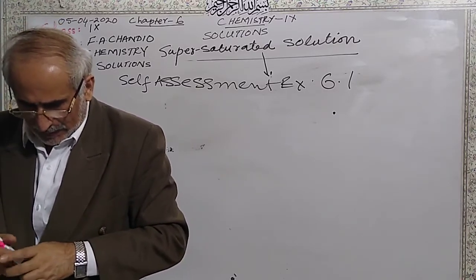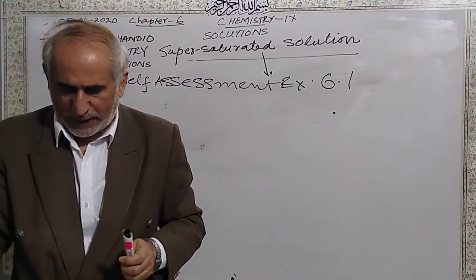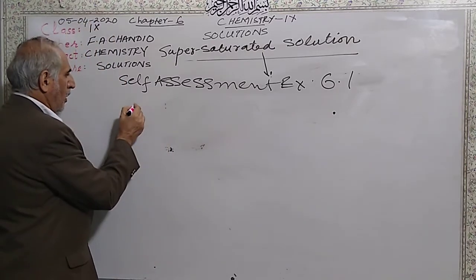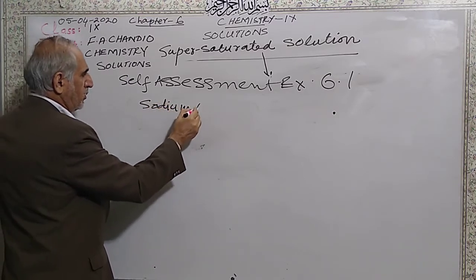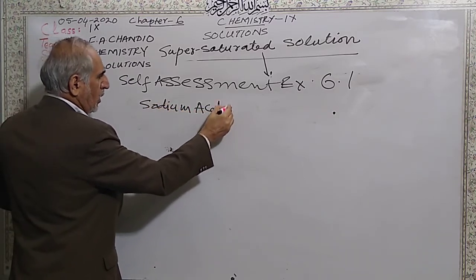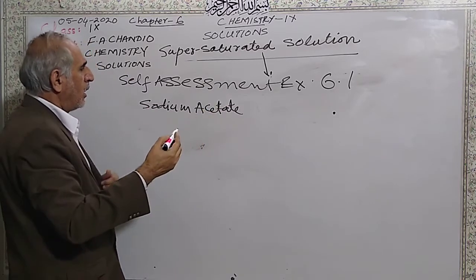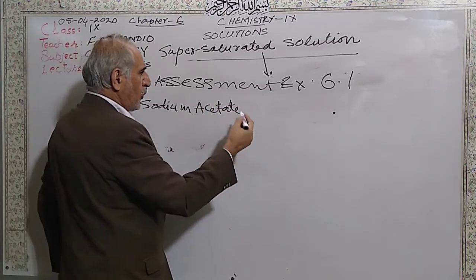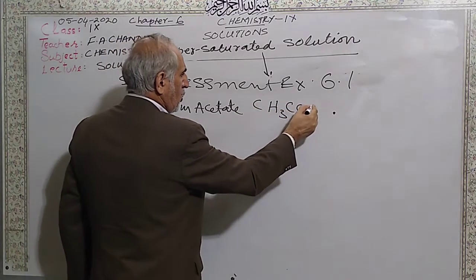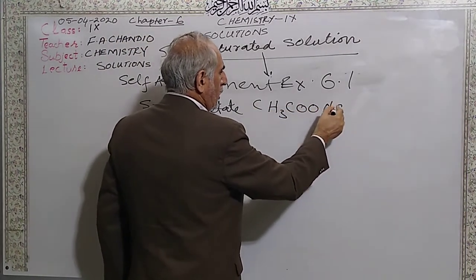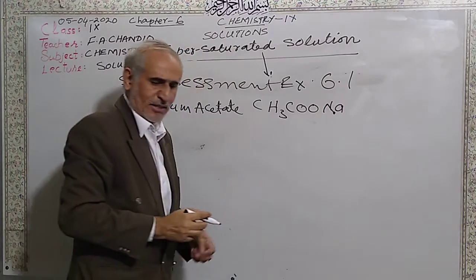It says that the maximum amount of sodium acetate, because we are chemistry students, so we should know the formula of the compounds, CH3COONa. This is the formula of sodium acetate. This is a salt.